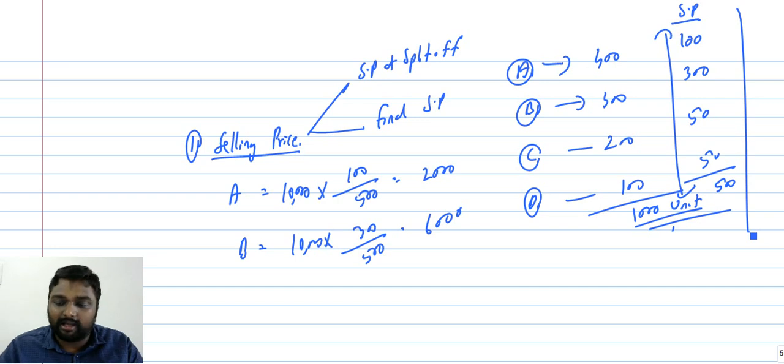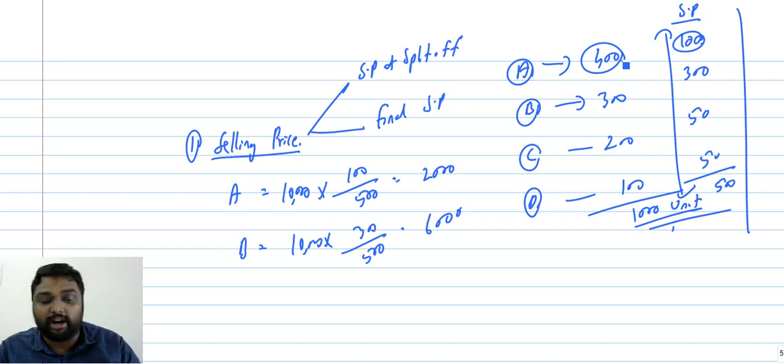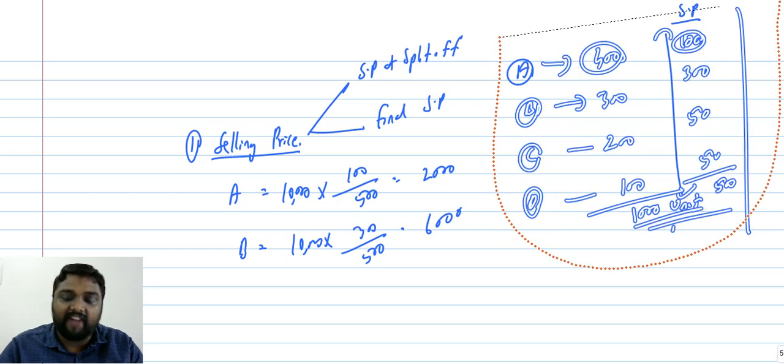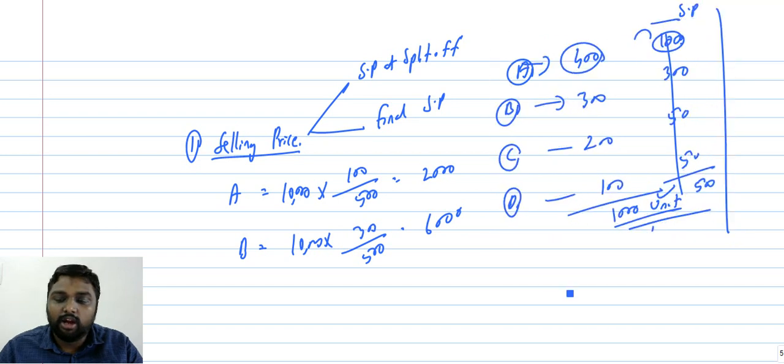Let's say one example. In this case itself, for A there is only 400 selling price, but we have produced 400 units, so we have not taken the value. So here comes the assumption that we should not take the sales price, we have to take the sales value.